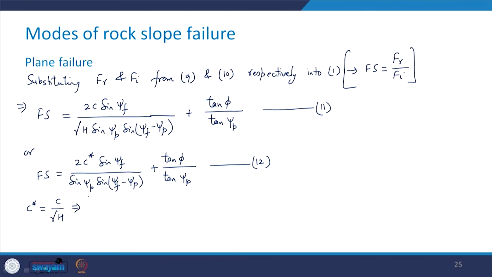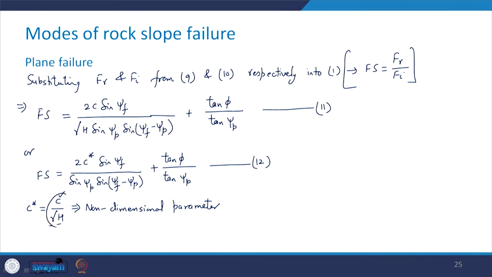This is the non-dimensional parameter. Why? Because the unit of c is the unit of stress, that is kilonewton per meter square, and gamma h is again kilonewton per meter square.